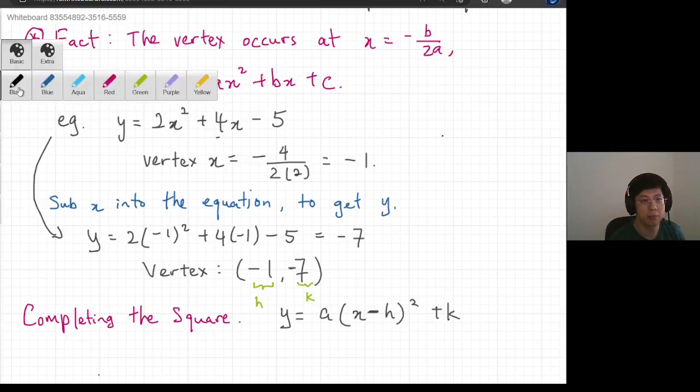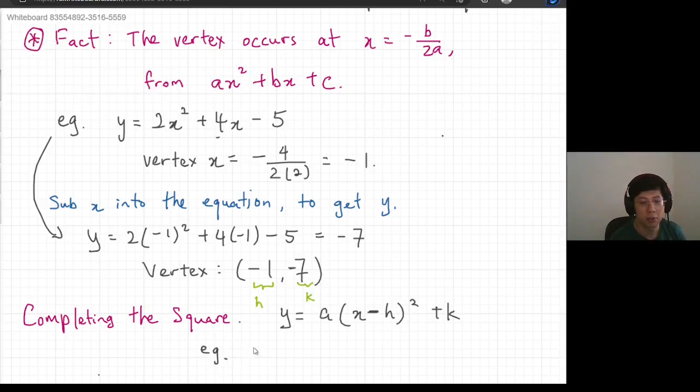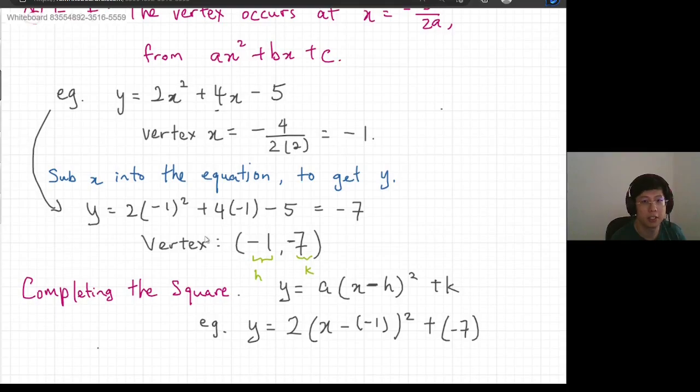So in this example, completing the square gives us y equals a, which is 2 from the original quadratic, next to x squared, bracket x minus h, h being the x value of the vertex, so negative 1, squared, plus k, which is negative 7. When we simplify this, our completed square form is simply 2 bracket x plus 1 squared minus 7. And that's our completed square form found from the vertex.